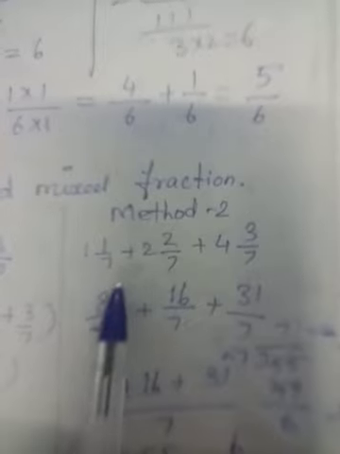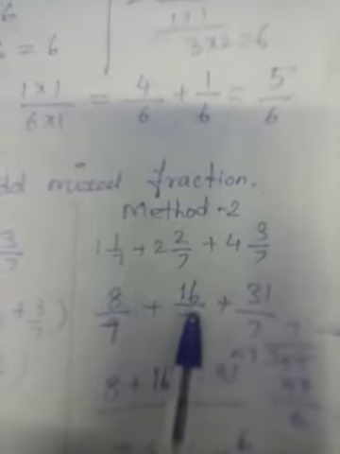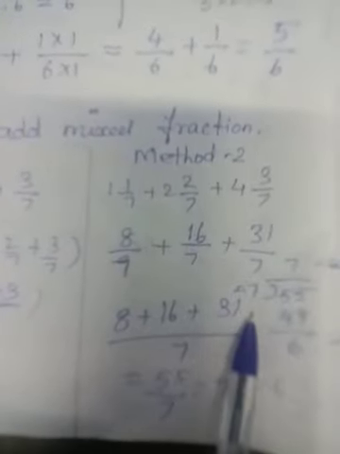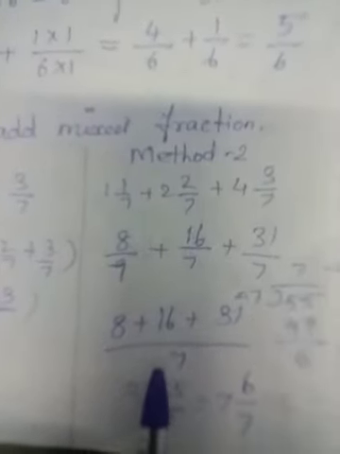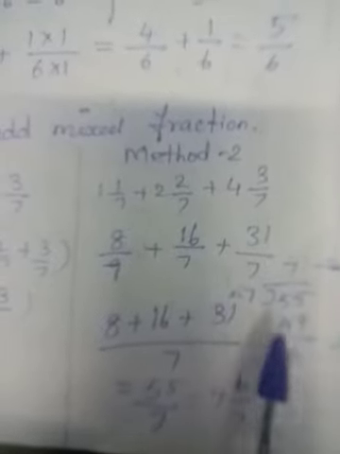The first step is to convert the mixed fractions into improper fractions, add the numerators with the common denominator and simplify. Here we get 55 by 7.